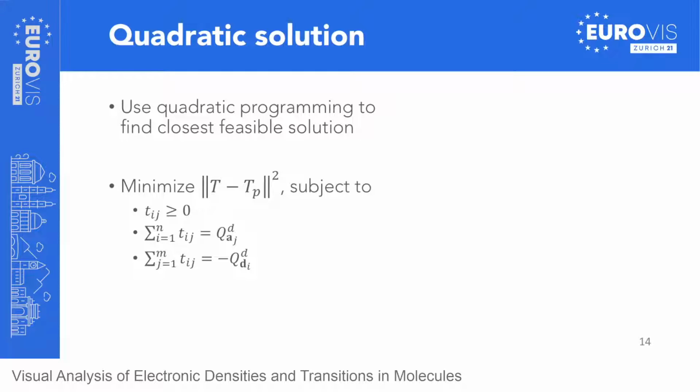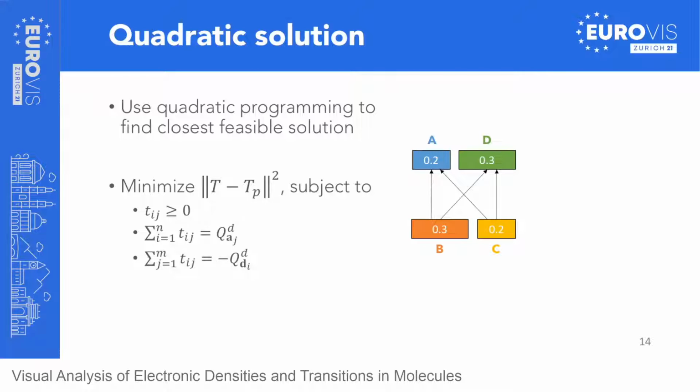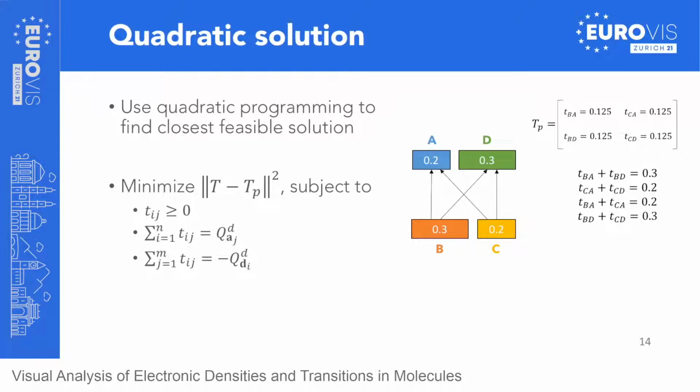The other approach for charge transfer computation is based on quadratic programming. We have two donors and two acceptors, and between any donor-acceptor pair, we can assume that the charge transfer is the same throughout. So we start with a matrix Tp, which has equal charge transfer of 0.125 between any donor and acceptor.